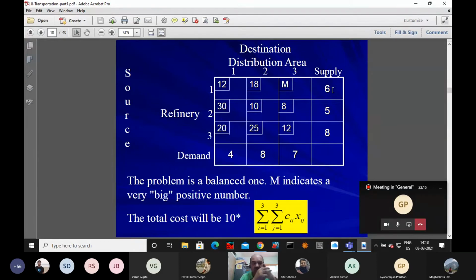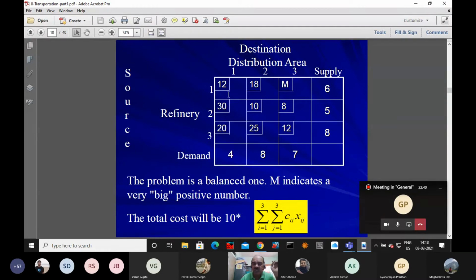But in this problem, the 1 unit transportation cost is given as 12, 18 and M. M is a very large positive number. Then second row 30, 10, 8. Then third row 20, 25, 12. Now what will happen to this model?